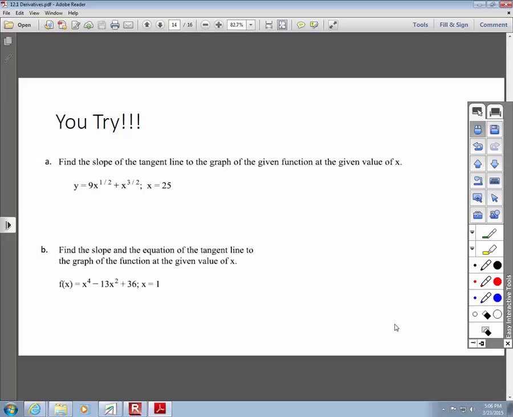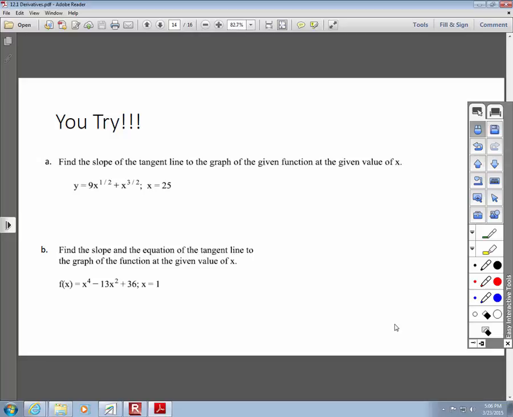So, find the slope of the tangent line to the graph of the given function at the value of x. So what you do is the derivative, y prime is equal to 1/2 times 9 is 9/2 x to the 1/2 minus 1, plus the derivative of x to the 3/2, which is 3/2 x to the 3/2 minus 1.